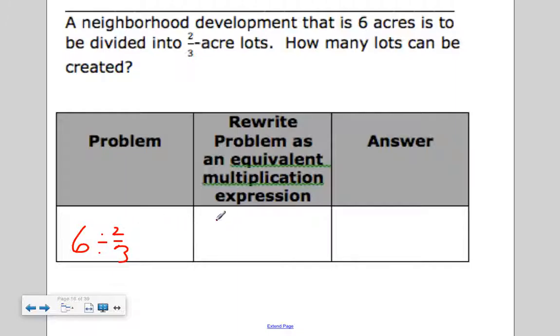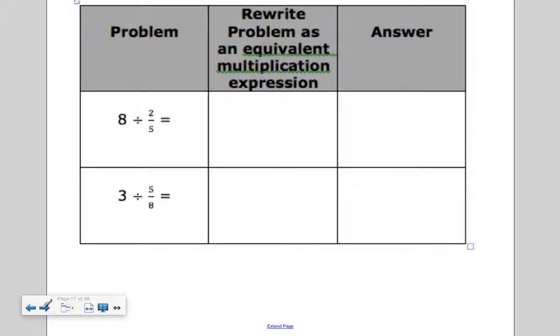I'm going to rewrite this as a multiplication. I keep the 6, I turn the division into multiplication, and what's the reciprocal of 2/3? 3 halves. How do I turn the 6 into a fraction? Put a 1 under it. So 6 times 3 is 18, 1 times 2 is 2. 18 halves is 9. There are 9 groups of 2/3 in 6.